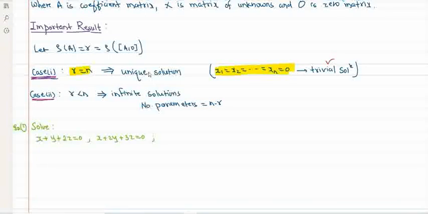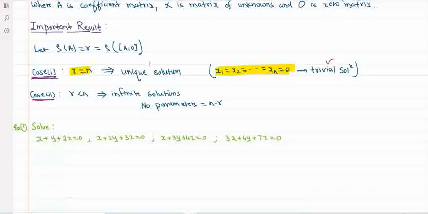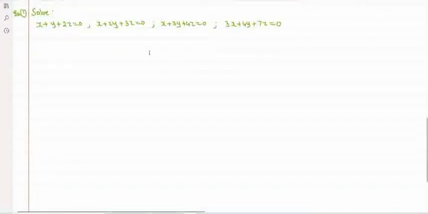Third, x plus 3y plus 4z equal to 0. And one more equation is there, 3x plus 4y plus 7z equal to 0. How many equations are there? 4. 4 equations in 3 unknowns.